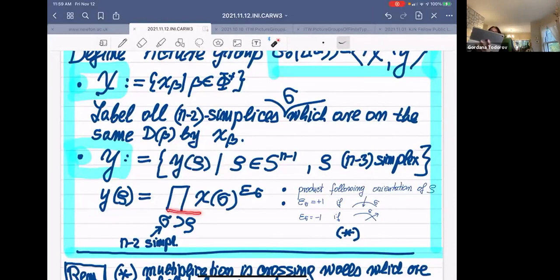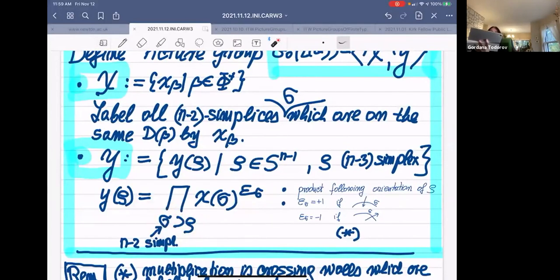Y rho is a product of x sigmas raised to epsilon sigma, which is plus or minus, and it will depend on the orientation of d beta. And I take the product over all sigmas which contain rho.